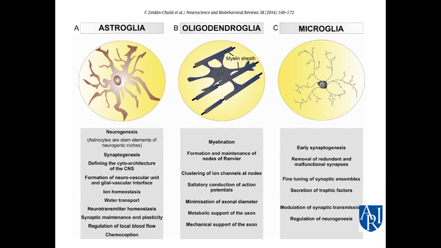And of course microglia are important for synaptogenesis, the formation of synapses, and for the networks that synapses form. They're very important for a process we call pruning. Once synapses are formed, they need to be pruned, like you would prune a tree in order to help it grow. Synapses and networks need this pruning process, and microglia play a big role in that. They secrete important trophic factors, and they modulate synaptic transmission and neurogenesis.